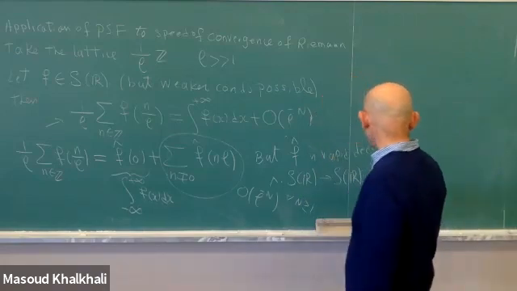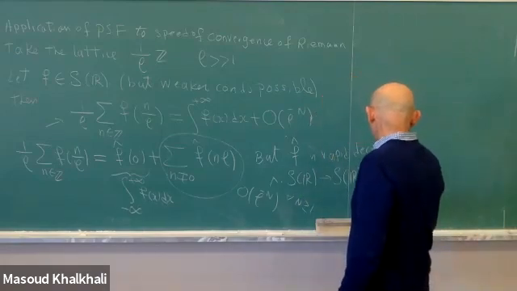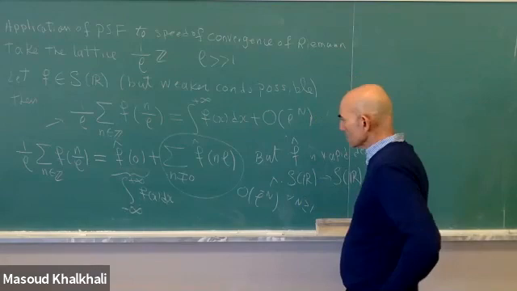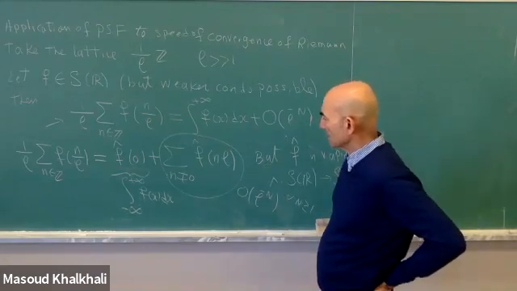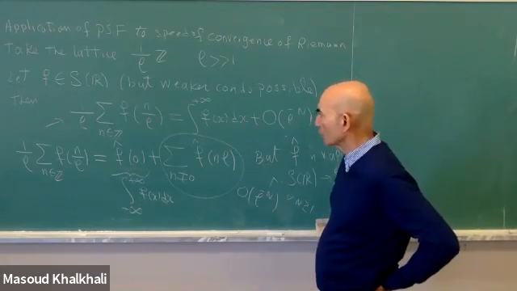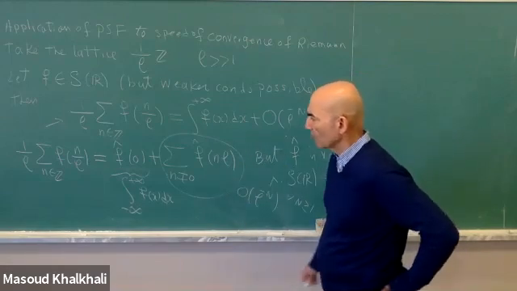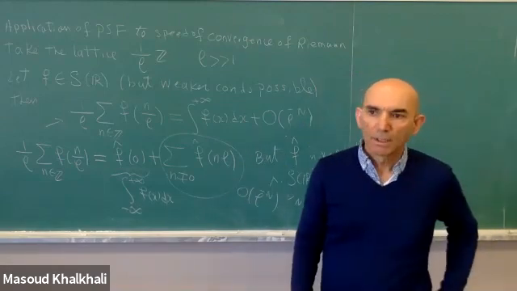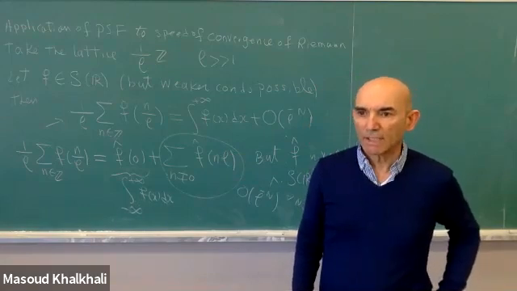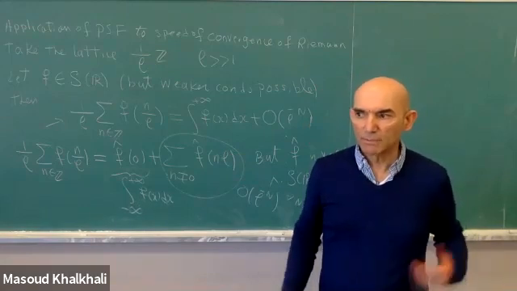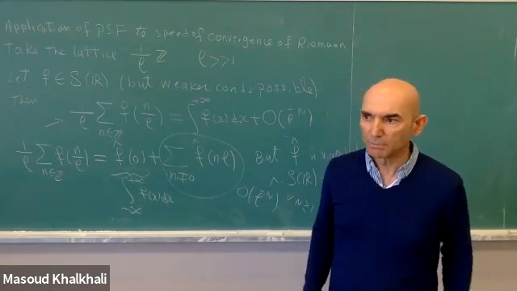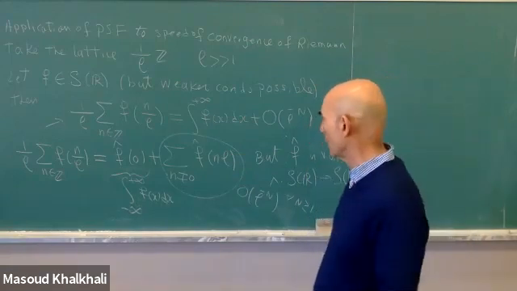Okay, so that's an application of the Poisson summation formula. There is not an exact formulation, but there is an asymptotic version, which is the Euler-Maclaurin summation formula.